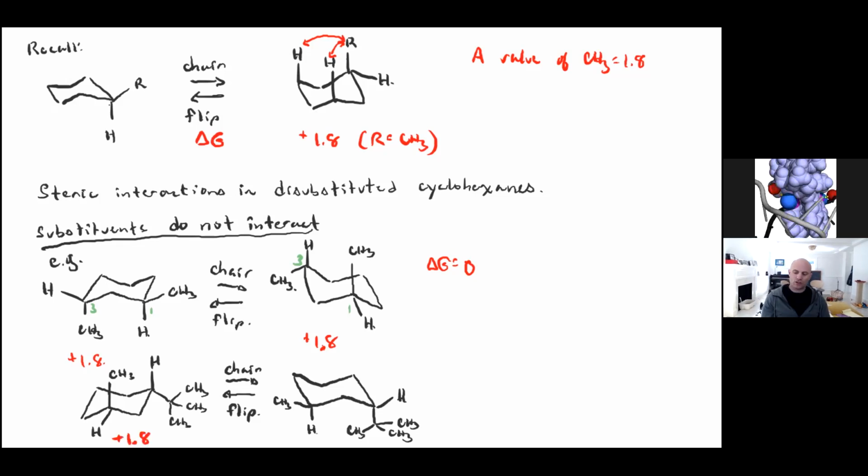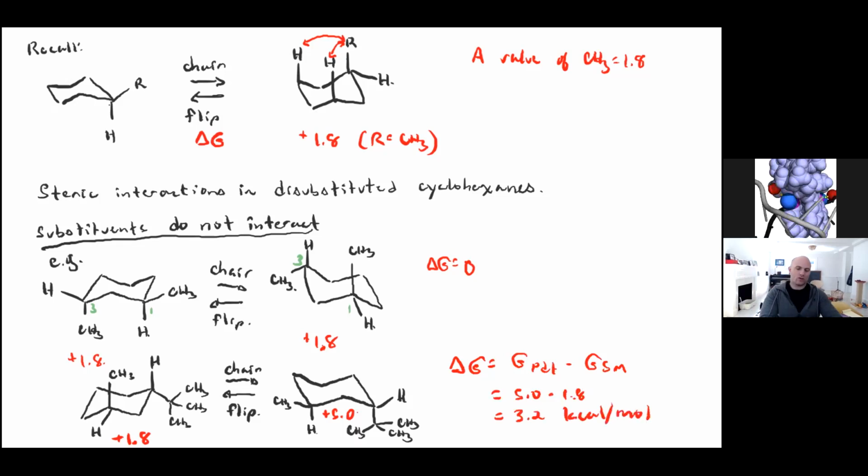And the A value for a tert-butyl group is quite large. It's about 5 kcal. And so the free energy difference is given by delta G equals product minus starting material, which equals 5.0 minus 1.8, which is going to be 3.2 kcals per mole.